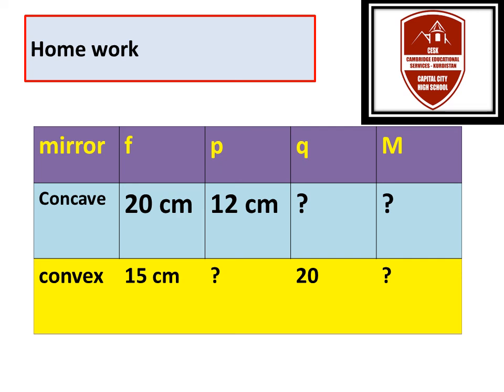I expect, because this is a convex mirror, m should be less than 1 and p should be greater than 20, but positive. If you use negative, you made a mistake. P should be positive. I said positive. P should be positive with all mirrors.